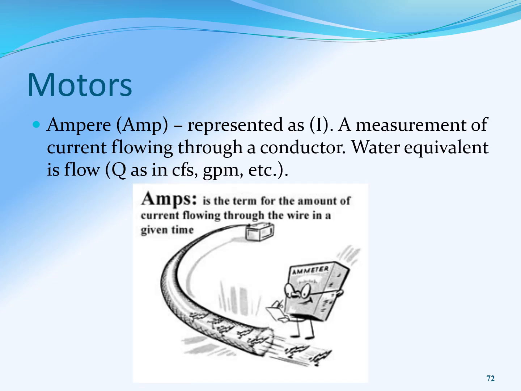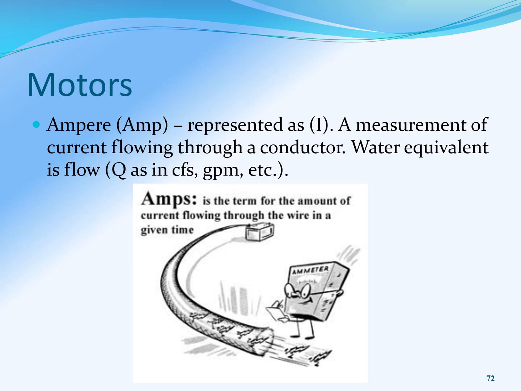Amps are represented as I in the formula, and that is the measurement of the current, the energy that's flowing through that conductor. If you were to put that into your equation, it would be the equivalent of Q, or cubic feet per second.